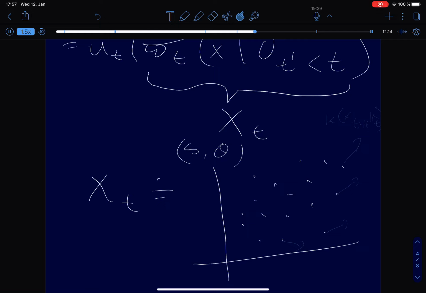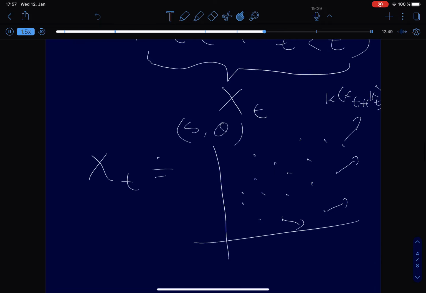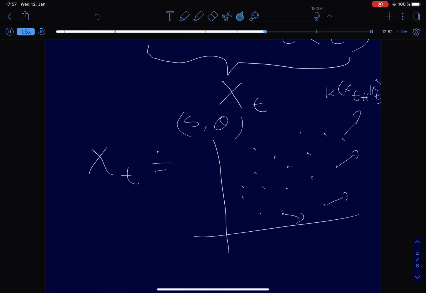So as you evolve in time, these states move stochastically according to their propagator, right? So this is governed by little k. X of t plus 1 given x of t. So little k governs the dynamics of all these points.